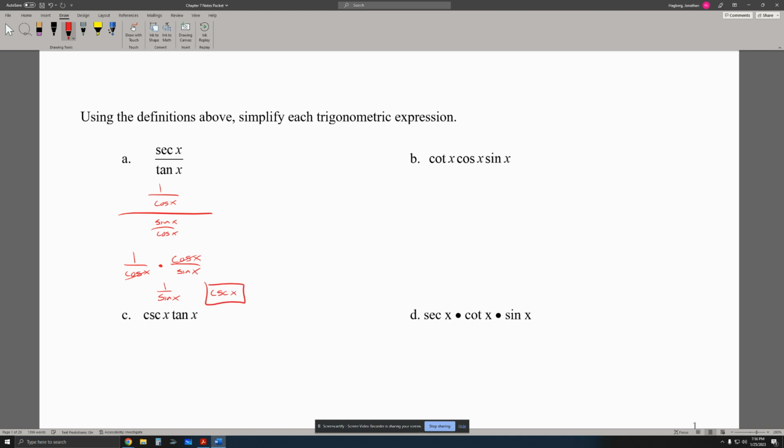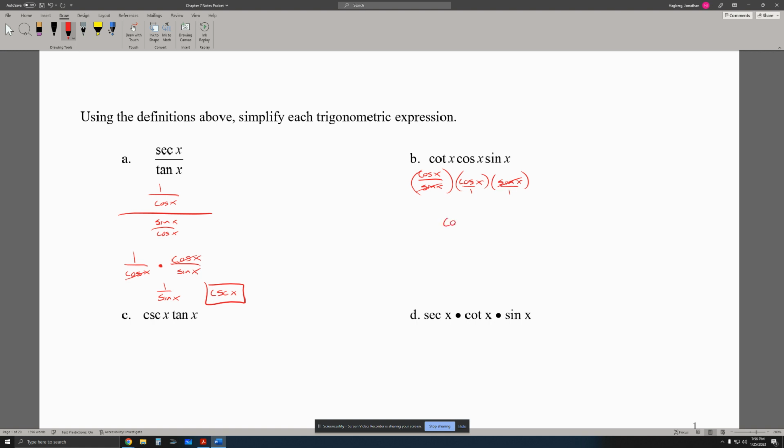Okay? Part B, we have cotangent, cosine, sine. Let's rewrite cotangent in terms of sine and cosine. So we have cosine x over sine, and this is times the cosine and times the sine. All right? Well, the sine and cosine I can just put over 1, right? So we have a sine in the numerator and a sine in the denominator, so these cancel out.